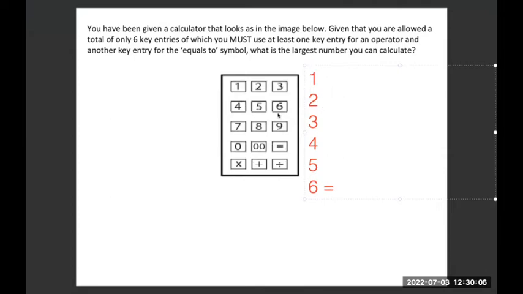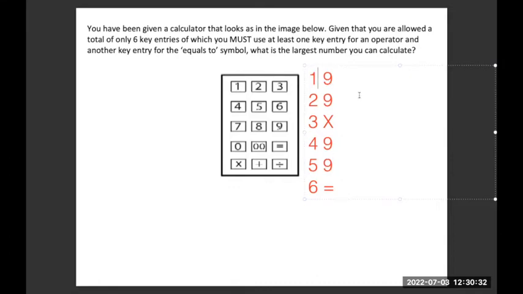Now, for the largest number which you can get, 9, of course, we will write. First entry will be 9. Second, will I go for 99? 99 multiplied by 99.